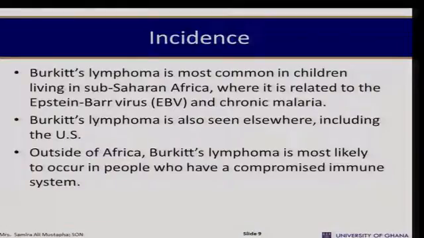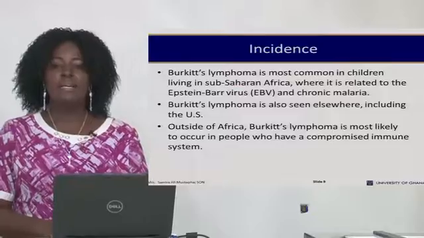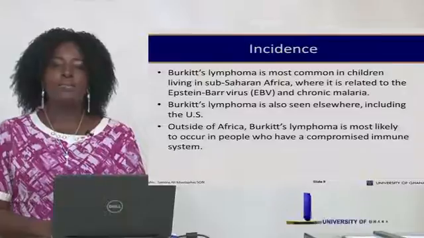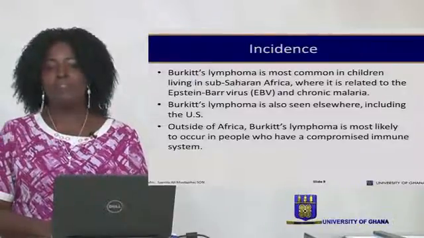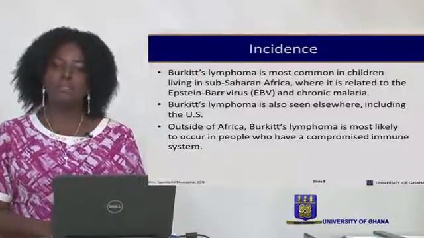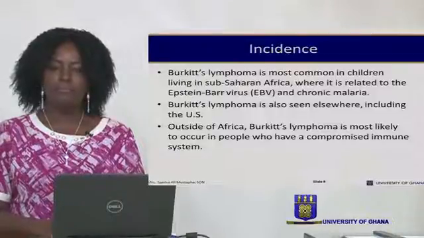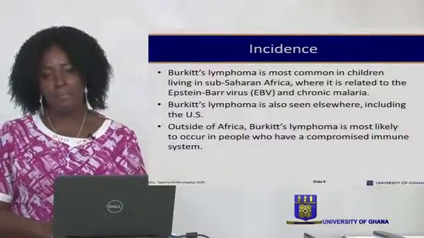So the incidence. Burkitt's lymphoma is the most common tumor in children living in sub-Saharan Africa. And on our part of the continent, Burkitt's lymphoma is related to Epstein-Barr virus and chronic malaria. We'll discuss further how this happens.